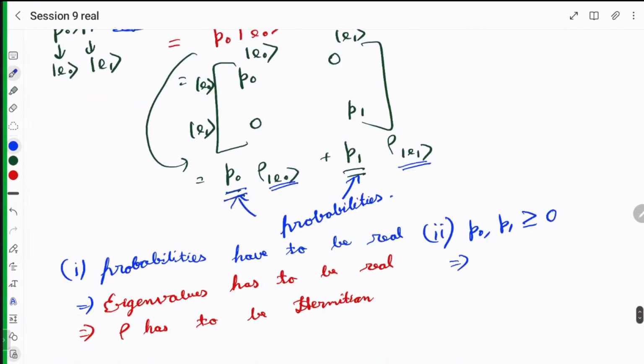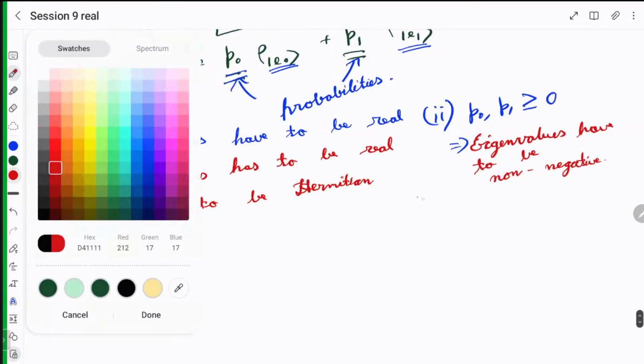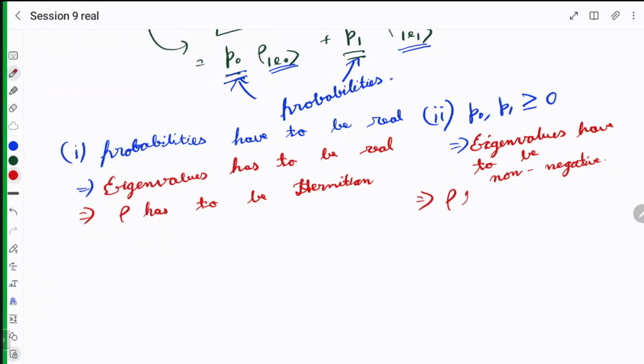So we can say that eigenvalues have to be non-negative, and that means that rho has to be positive semi-definite.